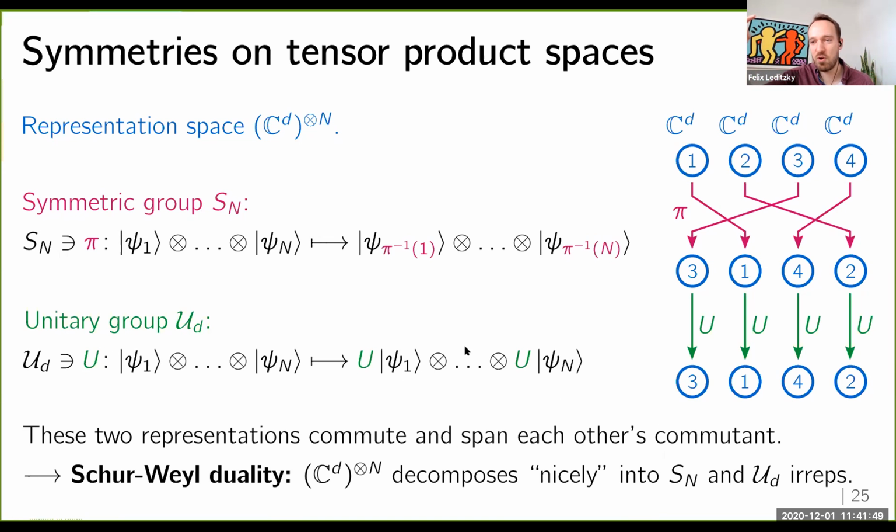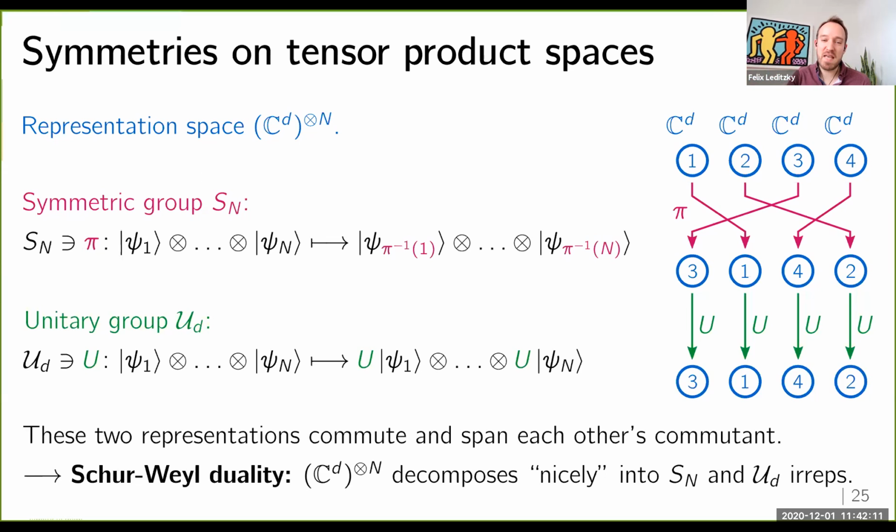And the same holds the other way around. If I have an operator that commutes with U tensor n for every unitary, I know that it's going to be in a linear span of these permutation operators that I have here. Okay, so this is just a mathematical statement.